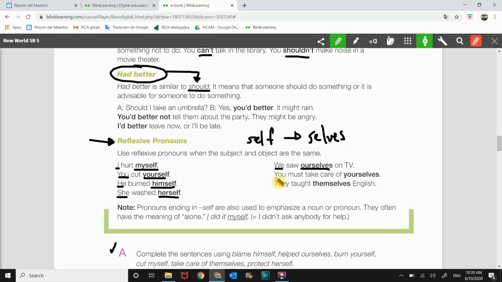You must take care of yourselves. All right, so you, yourselves. Remember, you is both singular and plural, so you need to pay attention. There's only you, like you, one person, yourself. But if I'm saying you, like ustedes, that's yourselves. And then the last one, they taught themselves English.